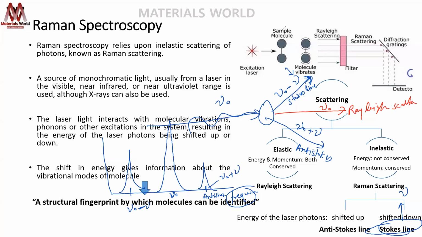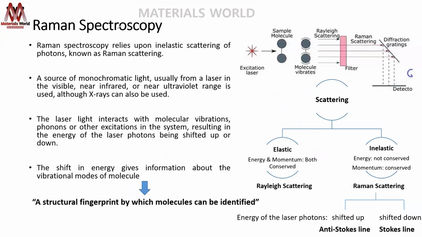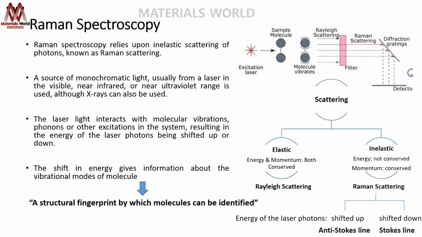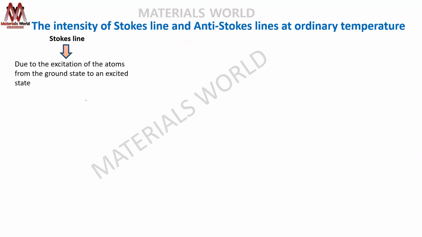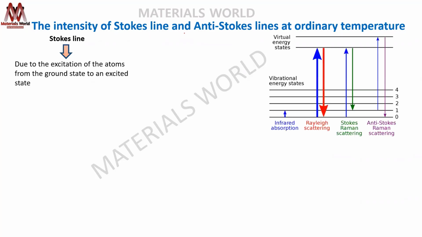Okay, so now let's go deeper. Consider the intensity of a Stokes line versus an anti-Stokes line at ordinary temperature. So what is a Stokes line? It is due to excitation of the atom from the ground to an excited state. If you see here, the atom is at the ground state, and it is excited to an excited state.